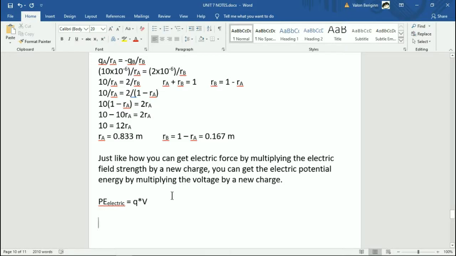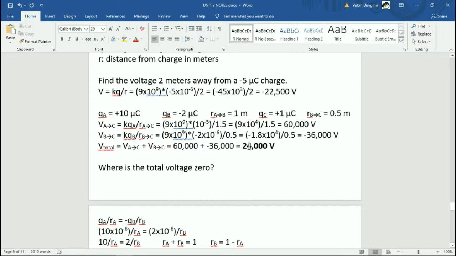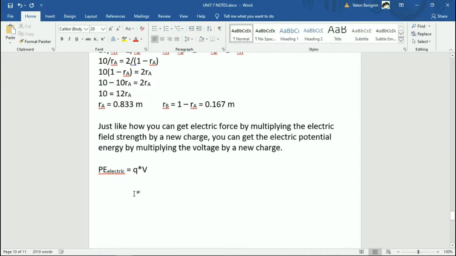So going back to the example up here, my voltage was 24,000, and my new charge, which was QC, was +1 microcoulomb. So what's my potential energy?